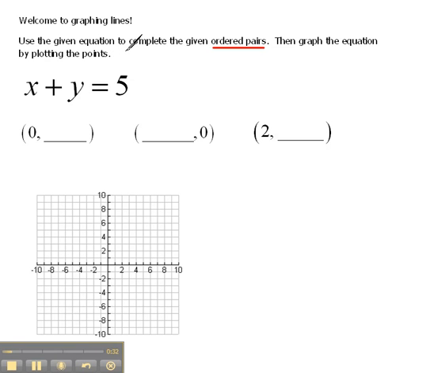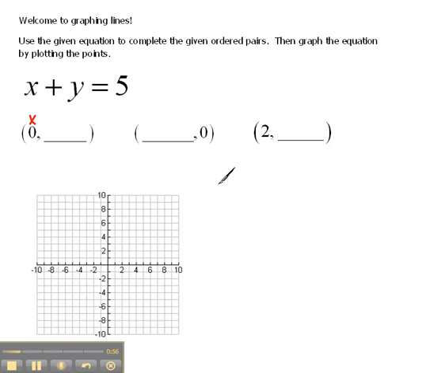Okay, so first things first. Here we have an ordered pair where they've given us that x is 0 and we have to find the y that goes with it. Remember, every one of these x and y values has to work in this equation, otherwise it's not a solution to the equation.